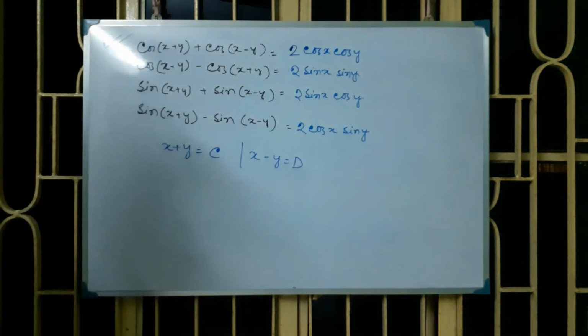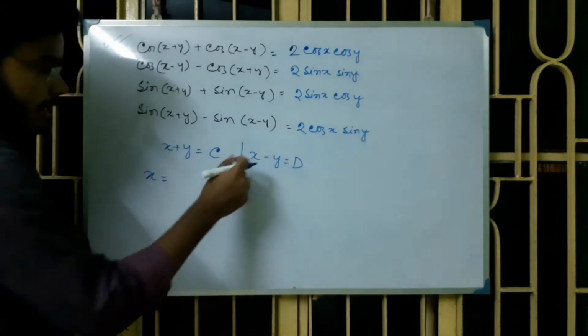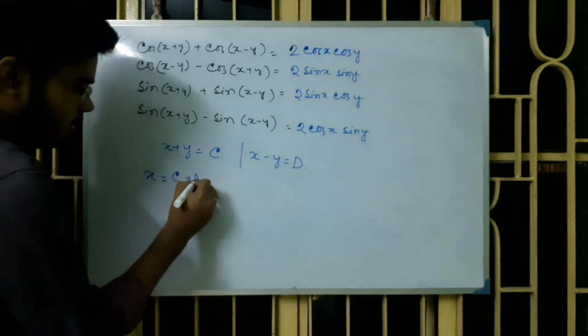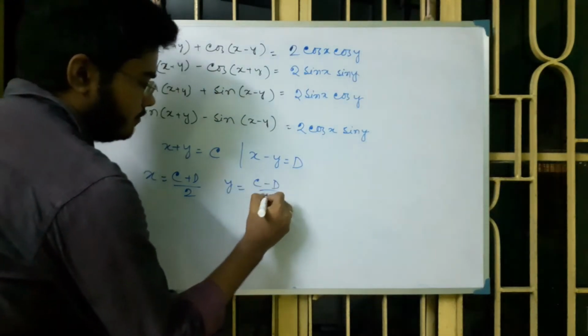So what is the value of x? Add these two, then y gets cancelled. So x equals (c+d)/2 and y equals (c−d)/2.